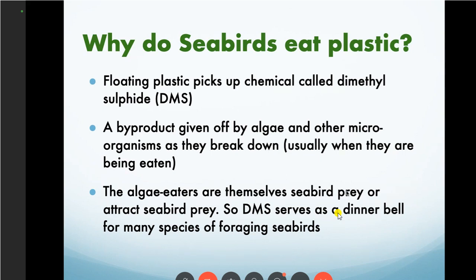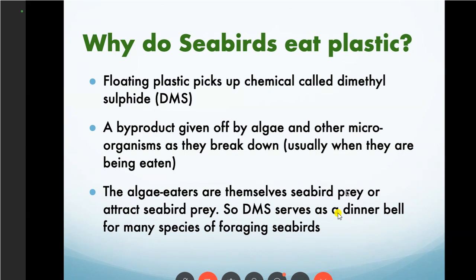We know that they use the sense of smell to search for prey, and they can pick up this smell of DMS, and either they'll come and directly feed on the shrimp that is feeding on the plankton, or they'll feed on the fish that have come to eat the shrimps. So it's an indirect relation. It's not a direct relation.